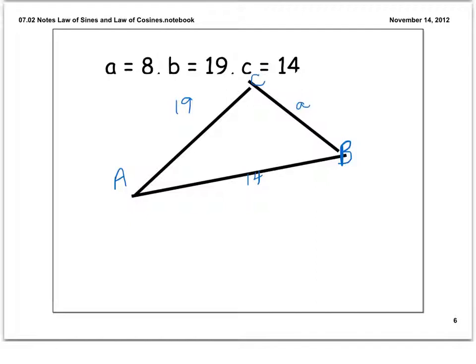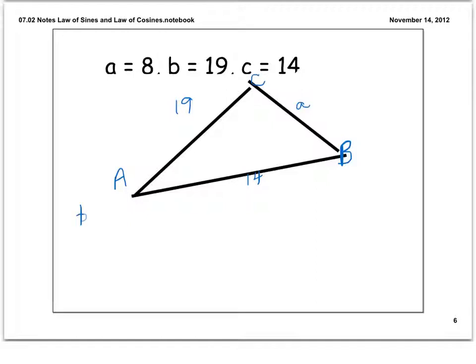So in keeping with that, let's redo this example. We can see that the largest side is 19 units long, which is across from angle B. That tells us that B is the largest angle, so this is the one we'll solve for first.